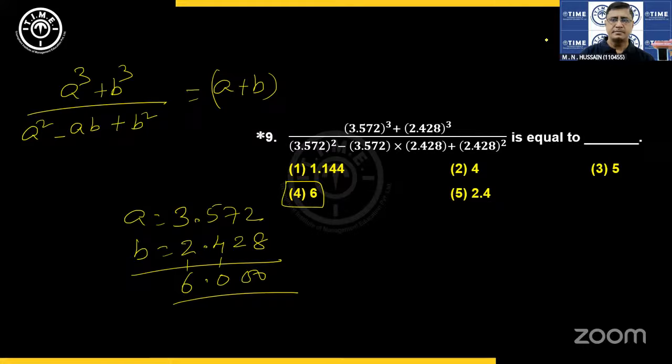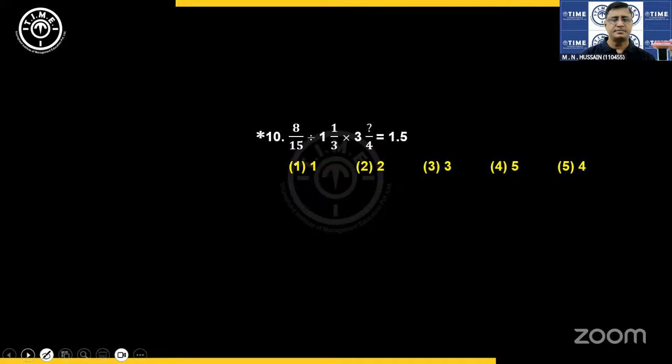Okay. Now look at the next example on your screen. Eight by 15 divided by 1 by 3 into 3 into question mark by 4 is equal to 1.5. 1.5 means 3 by 2.